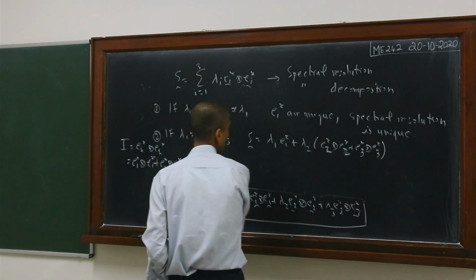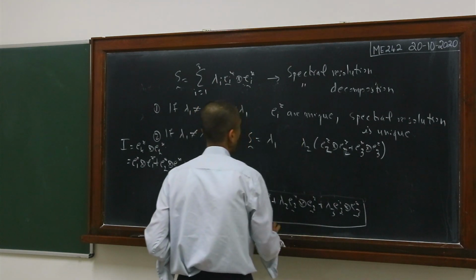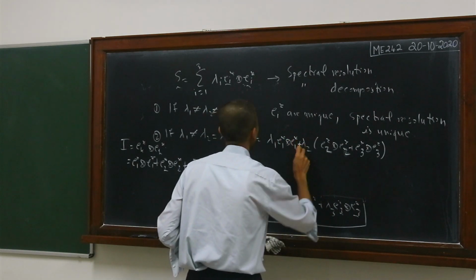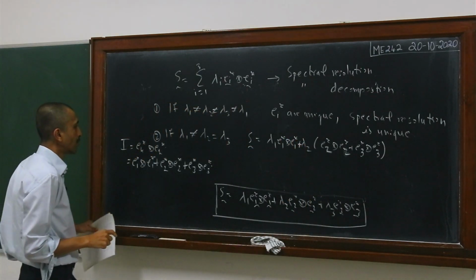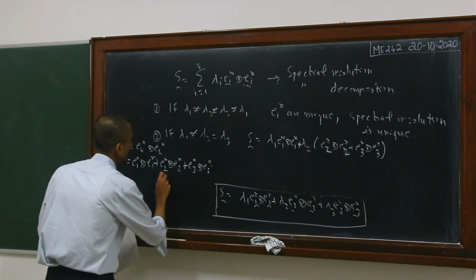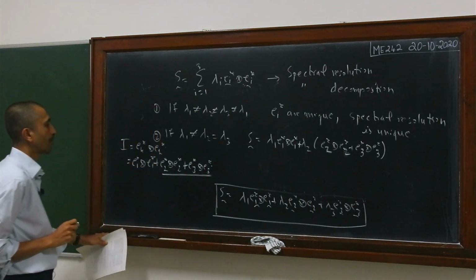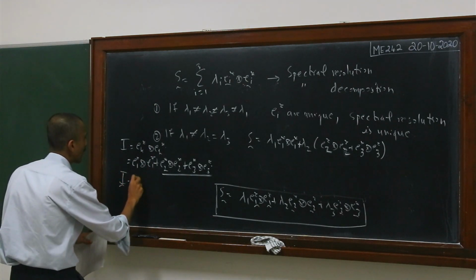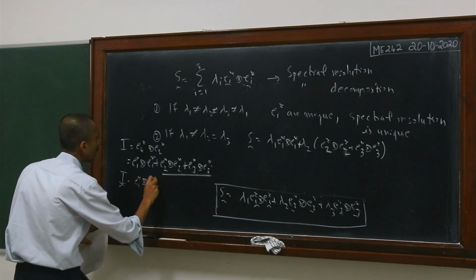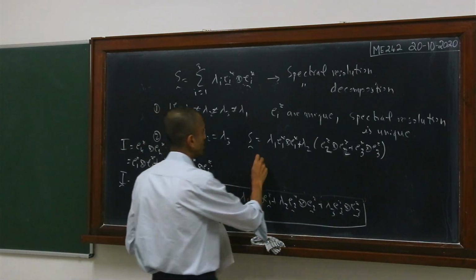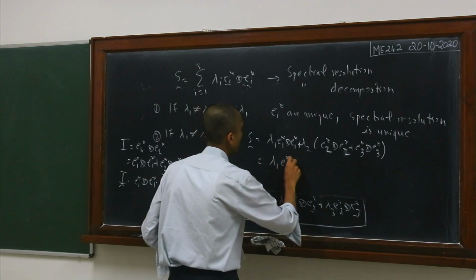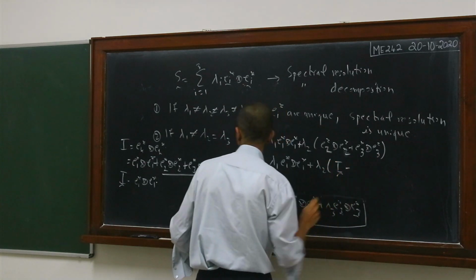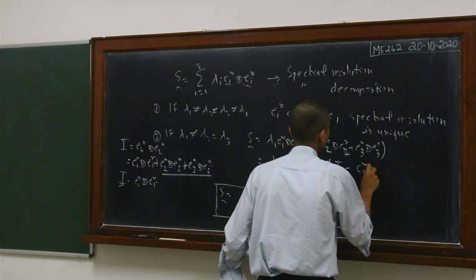So in this particular case, you can see that E2 star dyadic E2 star plus E3 star dyadic E3 star can also be written as I minus E1 star dyadic E1 star, right? So this is equal to lambda 1 E1 star dyadic E1 star plus lambda 2 times identity minus E1 star dyadic E1 star.